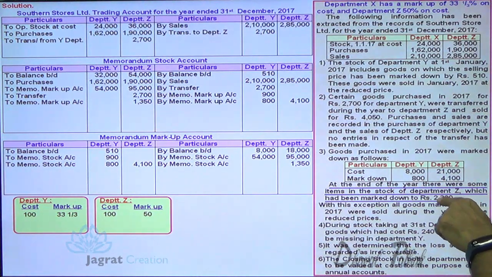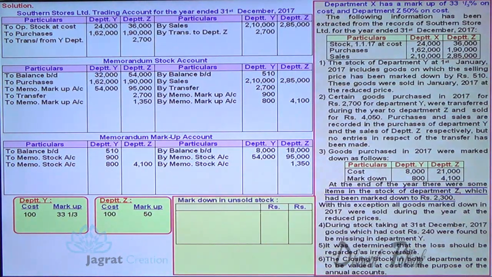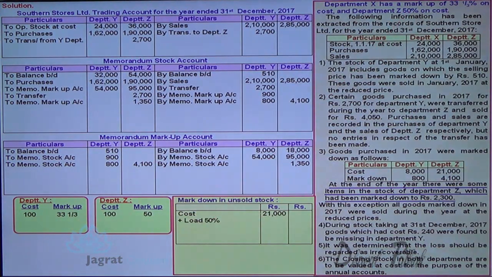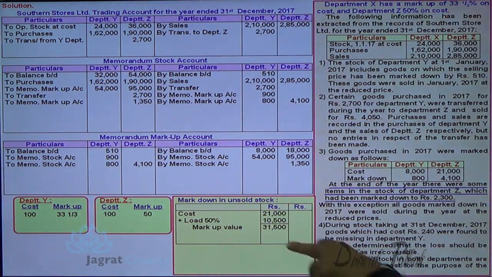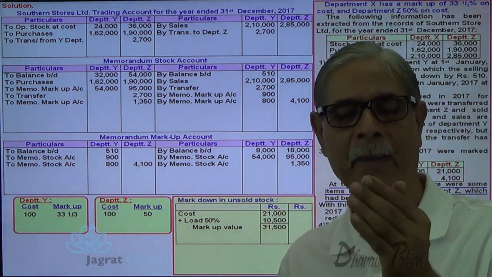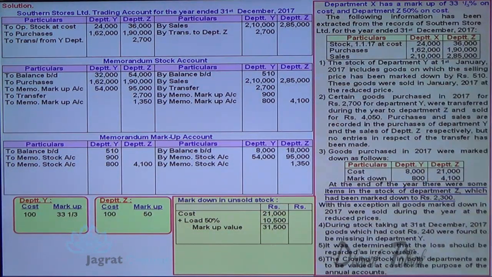Now, this 2,300 is a segment of this 21,000 and 4,100. So I would like to prepare a working note for that. What has happened with this 21,000? The cost is 21,000. It is a Z item, so 50% load was added. So its valuation was originally made at 31,500. After making a valuation of 31,500, there was a markdown of 4,100.